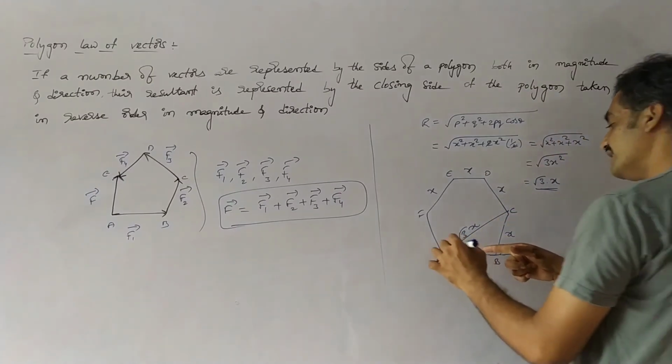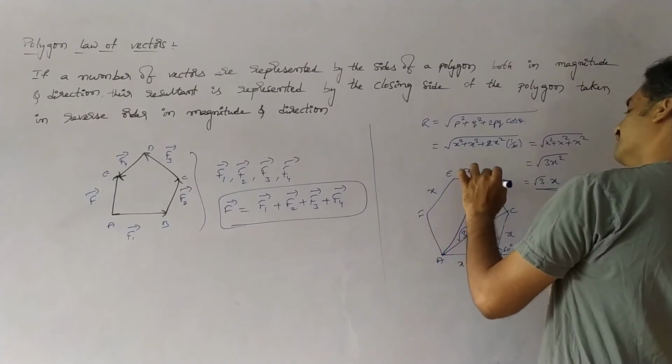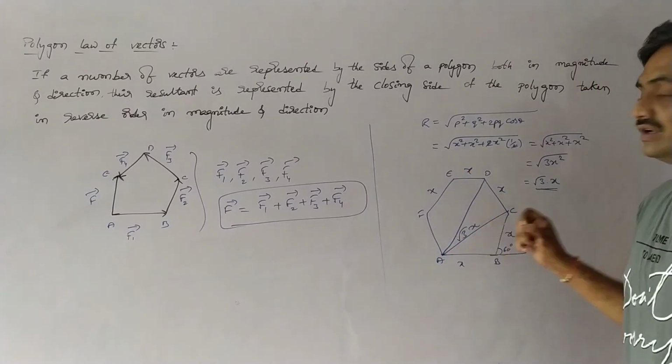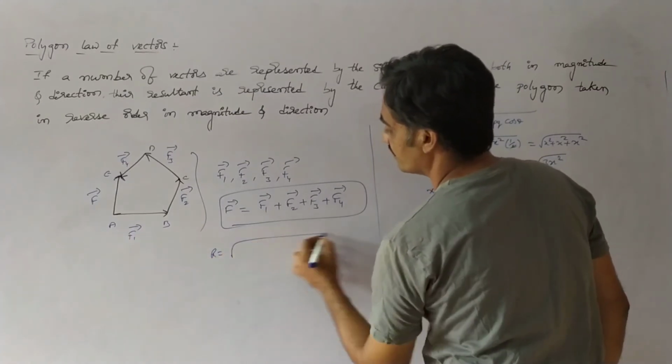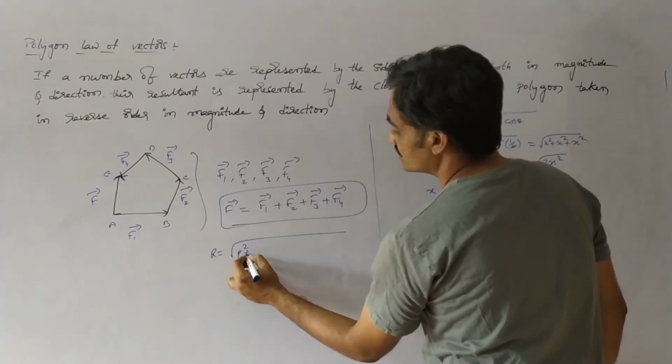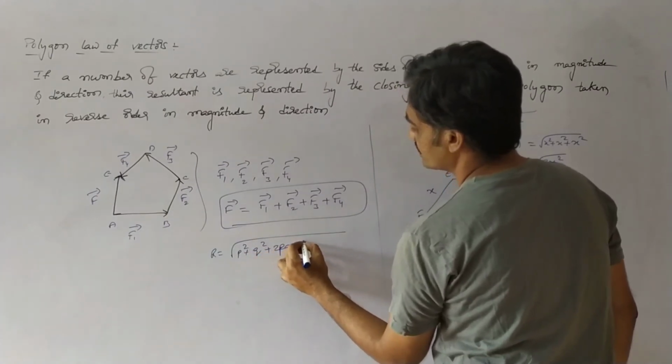Now we have to find the resultant of the two vectors root 3 x and x. Again let us consider the same equation, r equals under root of p square plus q square plus 2pq cos theta.